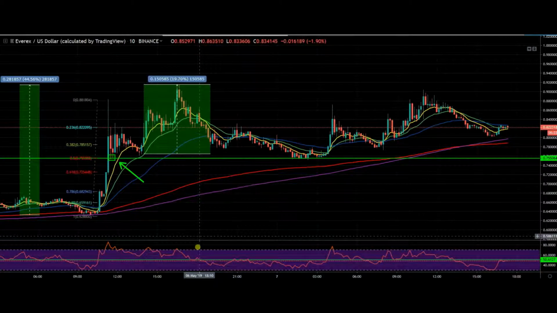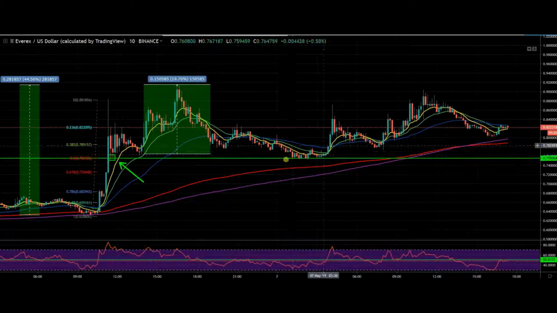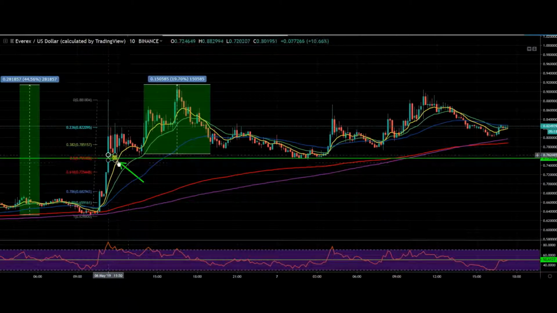Now what I want to talk about in this area here is, how do you know to buy here? First off, you're back into the 50. You're back into the first level of support. Now we want to look at the RSI. You can see the RSI is trending here, and it's trying to break through. The more touches a level gets, the weaker it becomes.